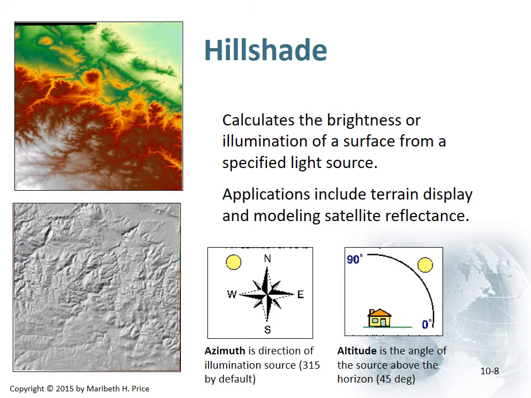Hillshades are a special kind of output from DEMs as a surface. The values here are just going to be 0 to 255, which indicates different levels of gray. What a hillshade does is it looks at the DEM, and it's using the classical Swiss approach here in this example, and it's by default what you'll get in ArcGIS.